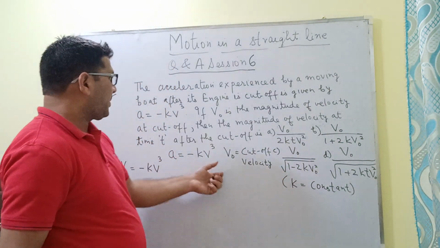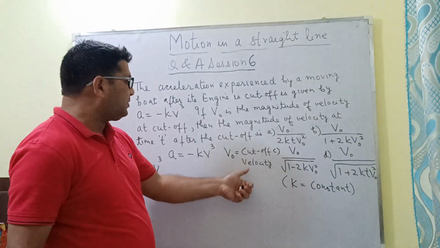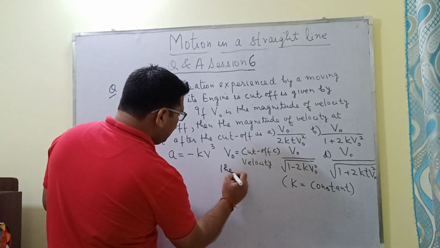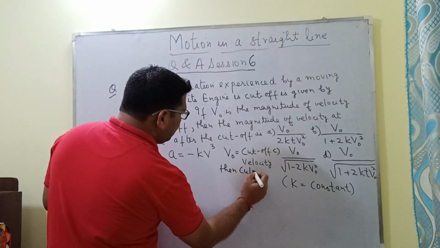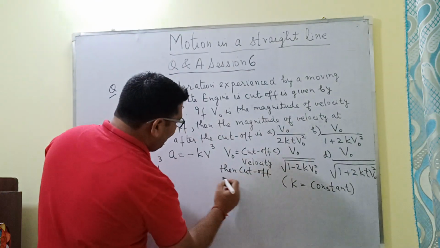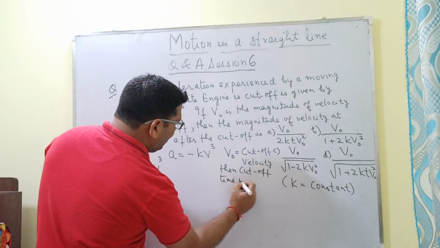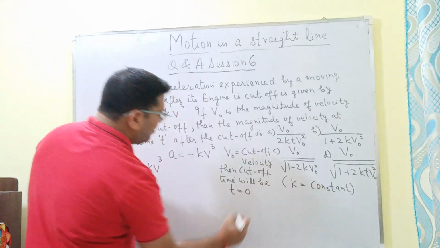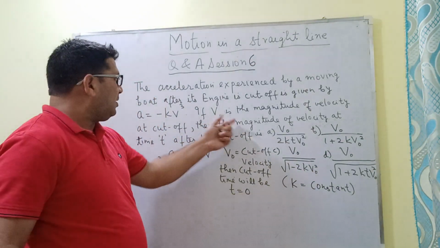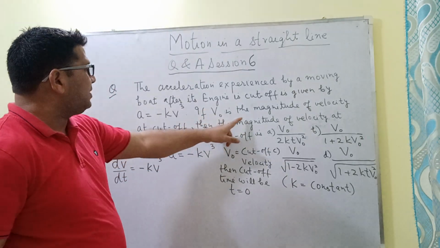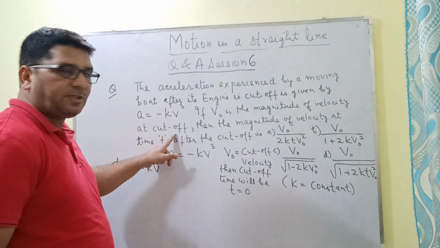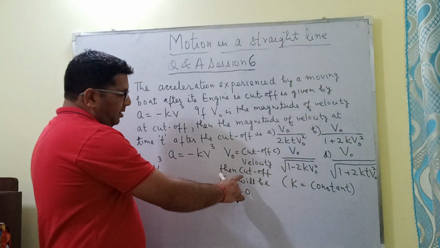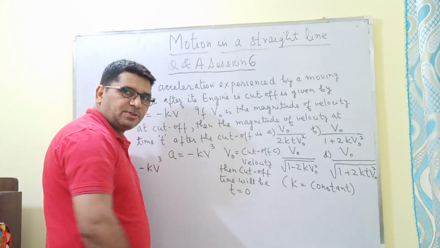Now, if v naught is the cutoff velocity, then the cutoff time will be given by t equals 0. Because v naught is the magnitude of the velocity when the engine is cut off, so at that moment of time we can consider the cutoff time as t equals 0.